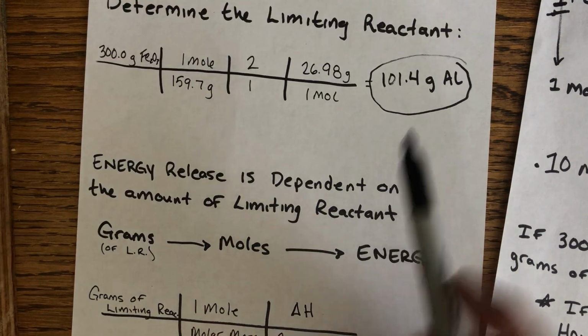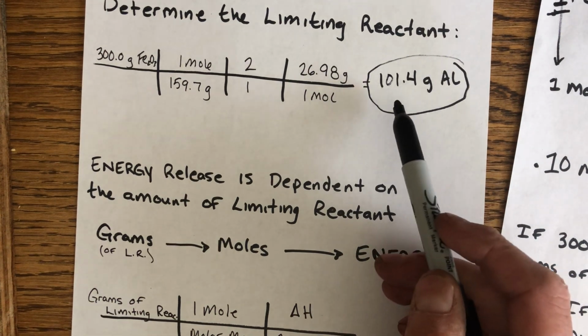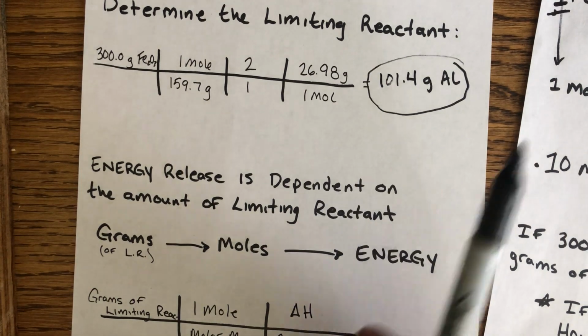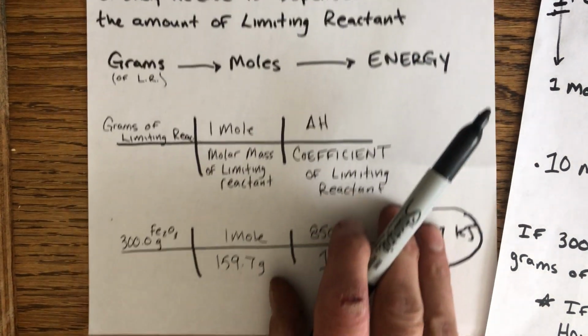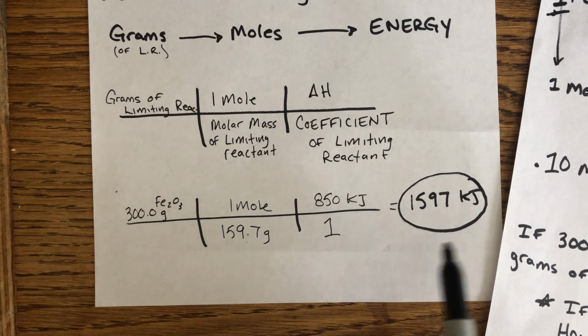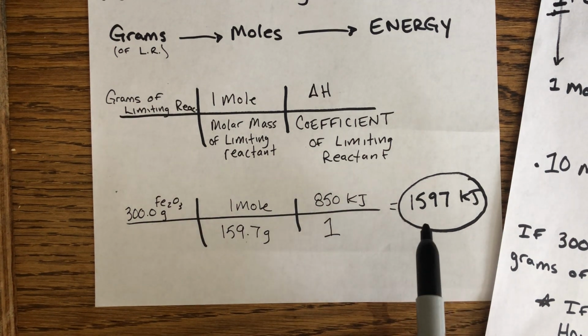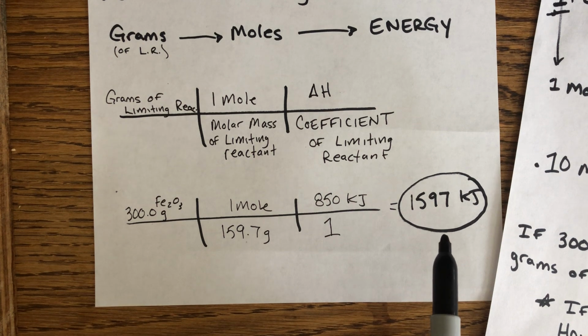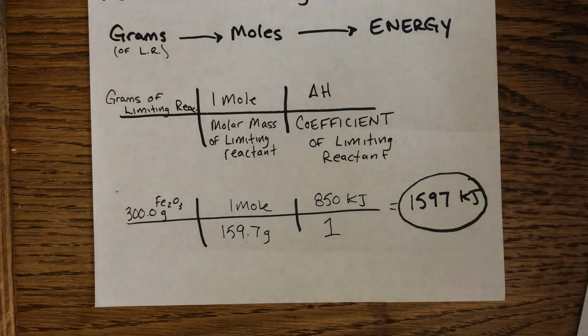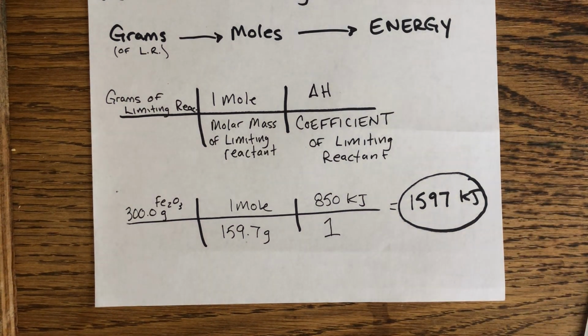Remember, it was only going to take about 100 grams of aluminum to react all of the iron oxide, which means we'll have a little pile of leftover aluminum that didn't get reacted, and no more iron oxide, and we'll have released 1,597 kilojoules of energy into the surroundings. Okay, so that's one example of a limiting reactant thermochemistry problem.